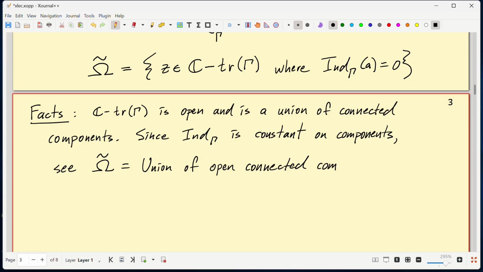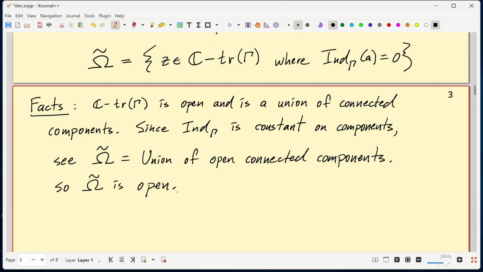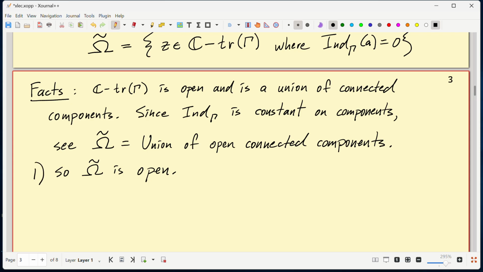In the picture, it would be the outside, the unbounded component, and those two holes. So omega twiddle is open. Okay. So that's number 1.